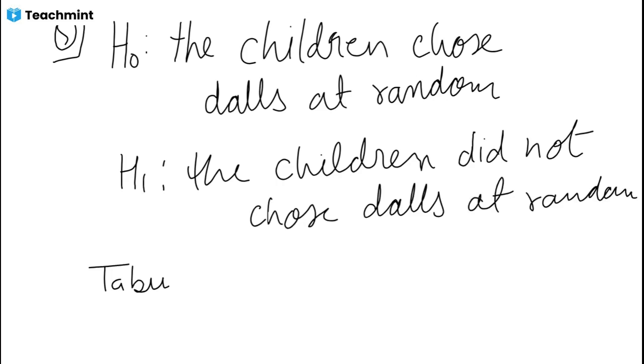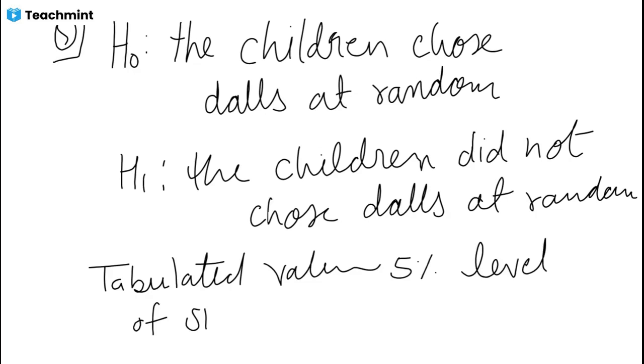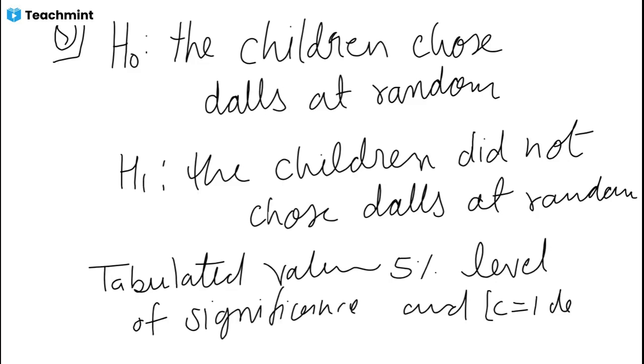Mention here the tabulated value. So at the 5% level of significance and 1 degree of freedom, this is the tabulated value, and we need to calculate the other by using the given data.